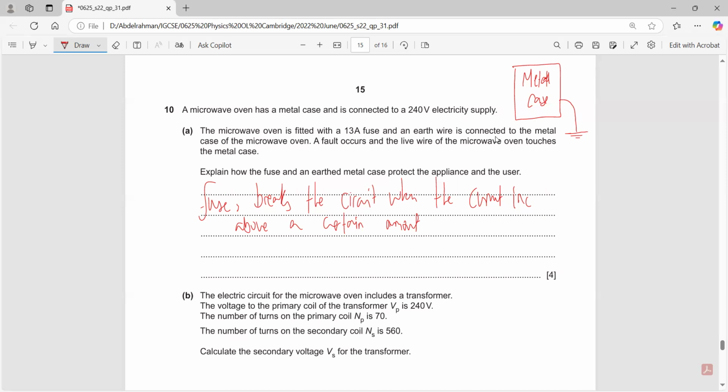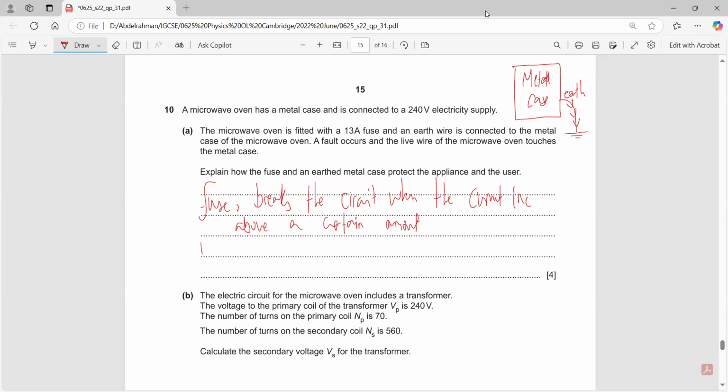What does this earth wire do? It is connected to the ground and it allows any excess electrons to pass to the earth. So all of the excess electrons, any extra electrons, will pass to the earth.